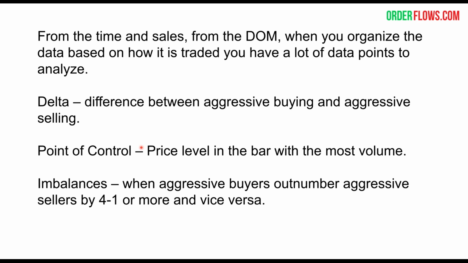Point of control is the price level in the bar with the most volume. Imbalances is when aggressive buyers outnumber aggressive sellers by 4 to 1 or more, or vice versa, right? If you have aggressive sellers overrunning aggressive buyers, then you have an imbalance. And each of these is important in its own way, and it's from these 3 main data points that order flow really opens up the trading world to you.